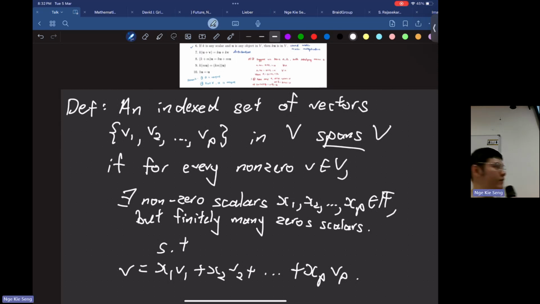So meaning if you give me anything inside this V, I can find a linear combination using a finite subset of these vectors. Then it spans. Does it make sense?